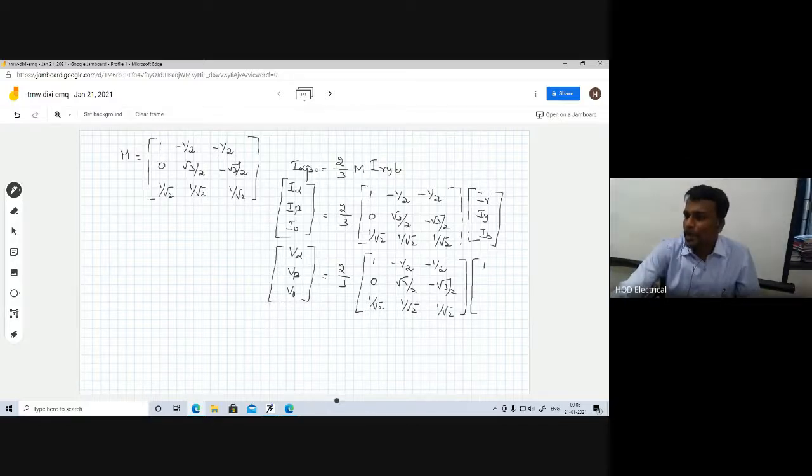So this is the equation of three-phase to two-phase conversion by using non-power invariant transformation.